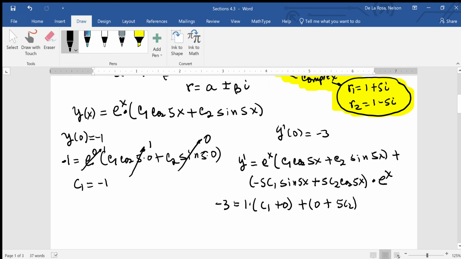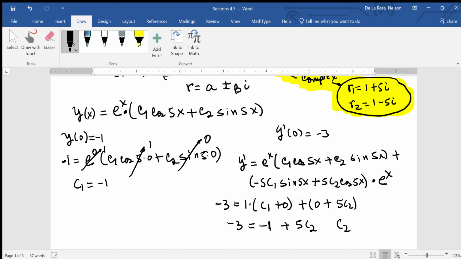So we have -3 equals -1, because we found c1 equals -1, plus 5 c2. Then we isolate c2. We move the -1 to the other side: -3 plus 1 produces -2, and then we divide by 5.